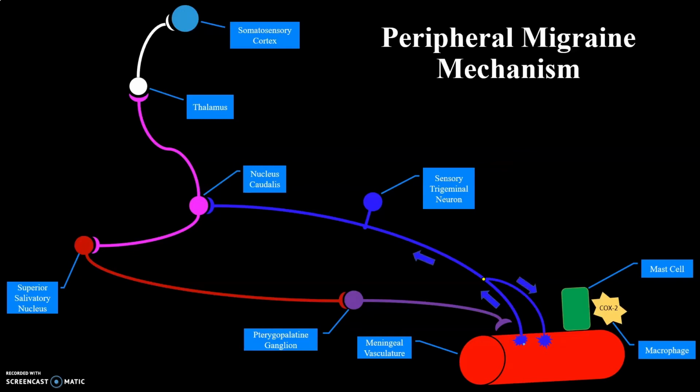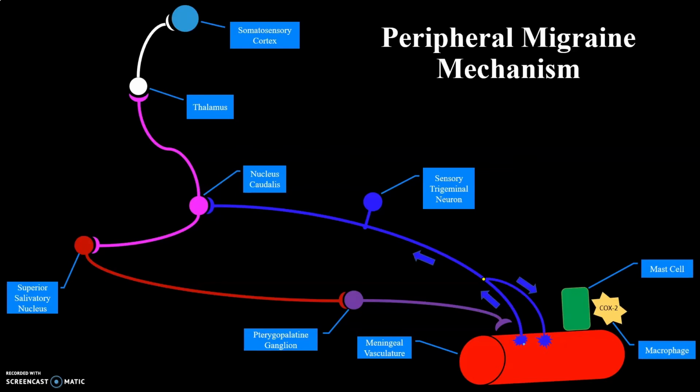So as this action potential is traveling along the neuron back towards the brainstem, you'll have what is called orthodromic cell signaling. So that is the action potentials that are propagating in the direction that you expect them to travel. So where these are afferents from your innervated organ back to the brainstem or brain.